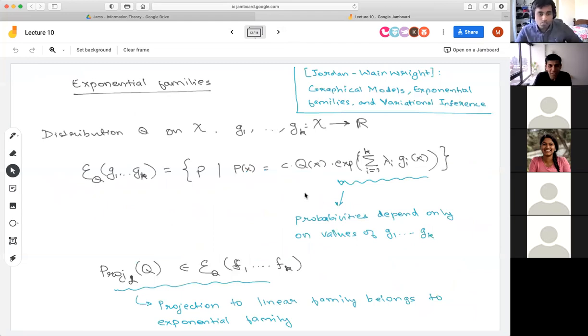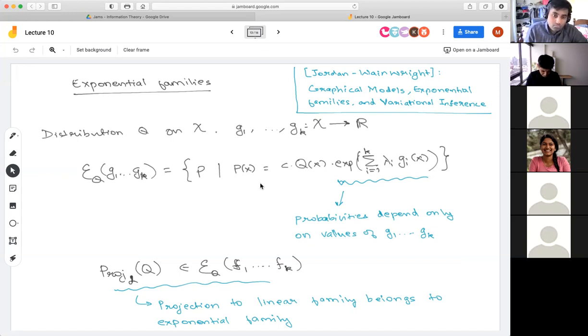Okay, let's continue, and let me mention a related class of families which comes up when you talk about linear families. When you want to talk about the distributions where the expectation of x squared is something, or fix some moments, in general, when you fix a bunch of moments and ask what is the maximum entropy distribution under these conditions, it turns out to be of this form, which is what we call an exponential family.